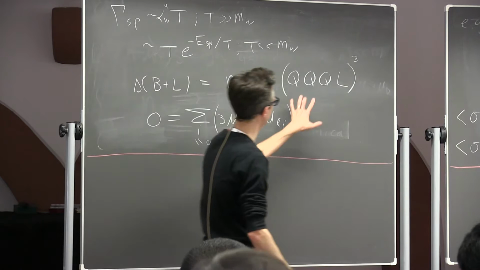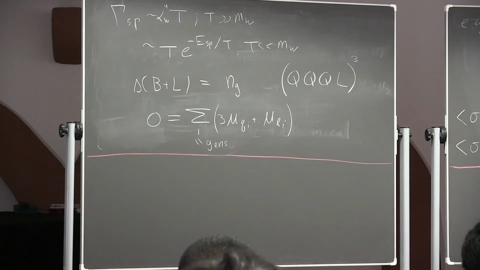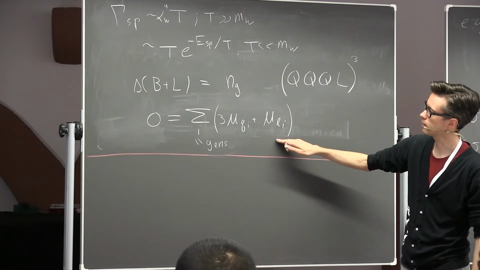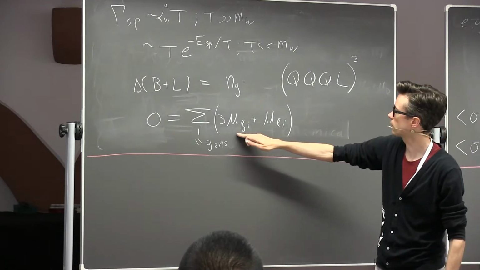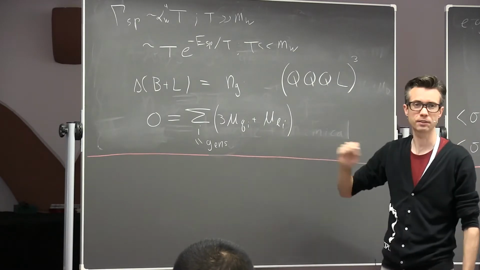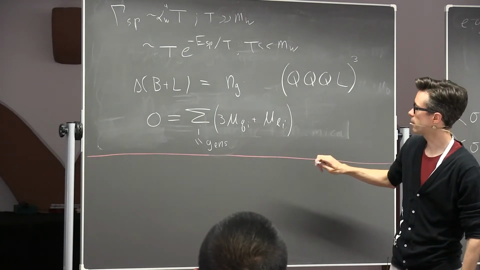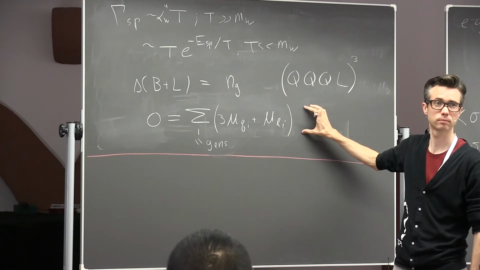Because it corresponds to this operator with 3 left-handed quarks and 1 left-handed lepton, the relation I would apply for Sphalerons being in equilibrium looks like this. So I have 3 quarks and 1 lepton essentially going into nothing in a Sphaleron transition, or back and forth. I sum that over generations, and this is the chemical potential relation implied by Sphalerons being active.